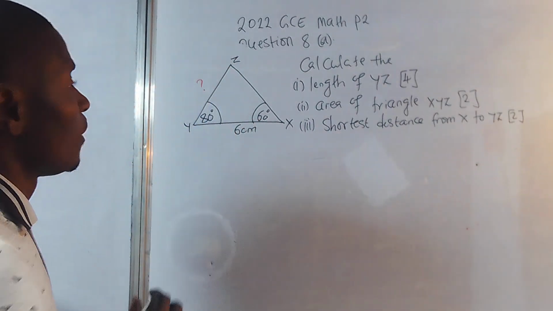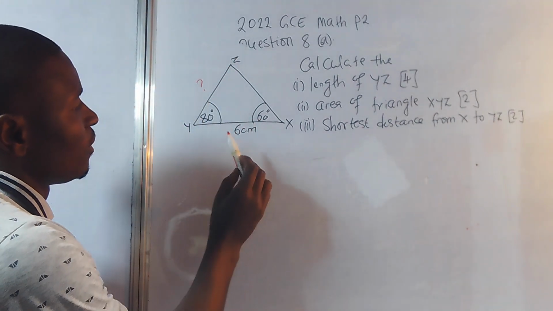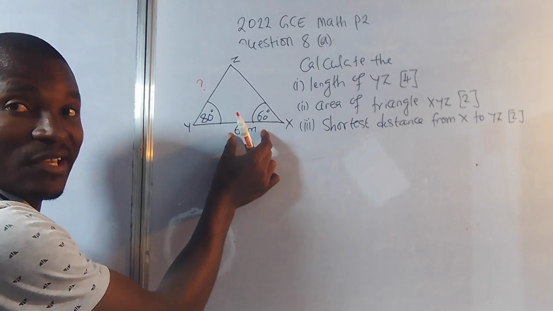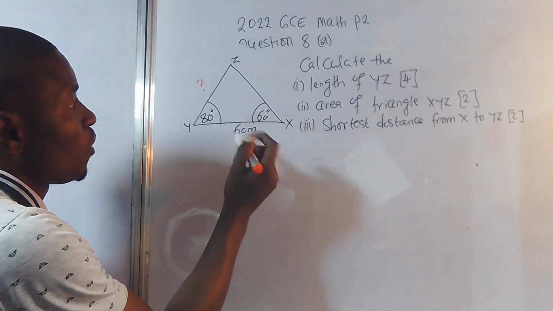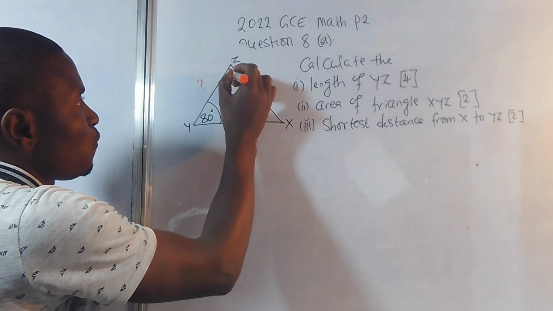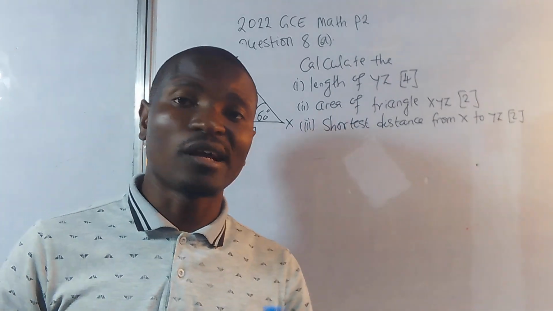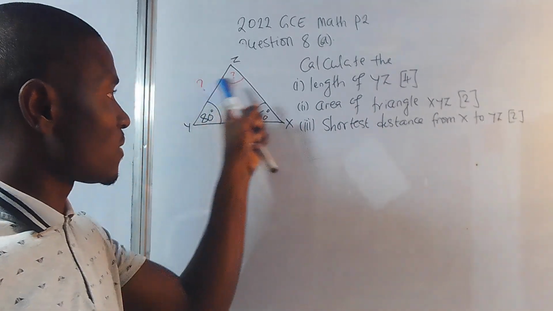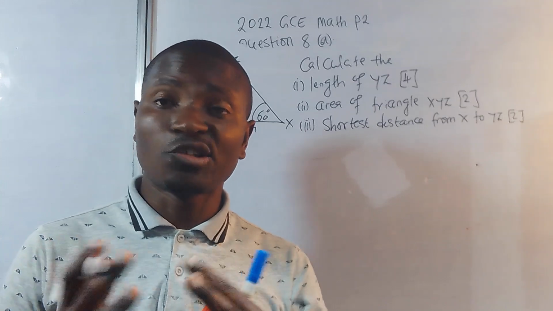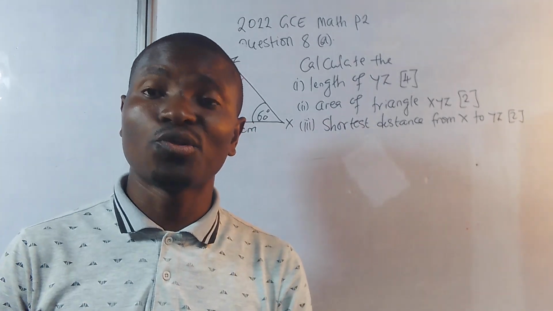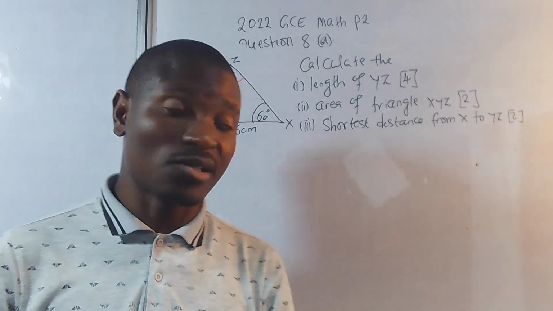But remember, the only angle that you've been given is this part. So we also need to find the angle Z. How do we find the angle Z? We know that this is a triangle, and a triangle always adds up to 180 degrees.